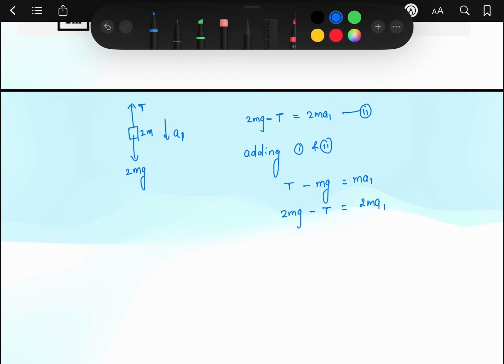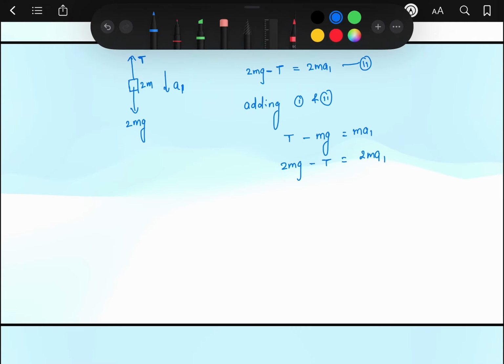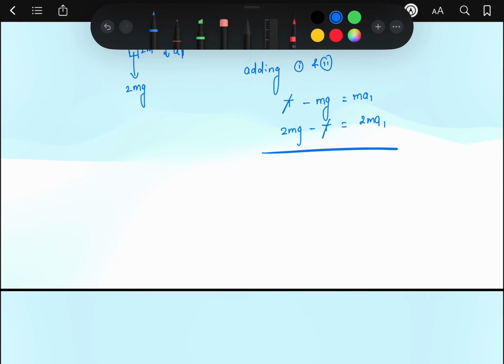Okay. So here by adding these two equations, tension will be cancelled out, and we get 2mg minus mg, that is mg, equal to 2ma1 plus ma1, that is 3ma1. Here m will be cancelled out and acceleration a1 will be equal to g by 3. Okay, so this is our acceleration in case A.